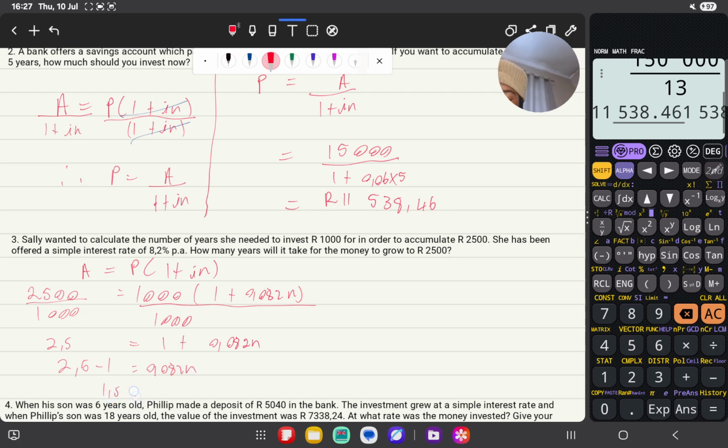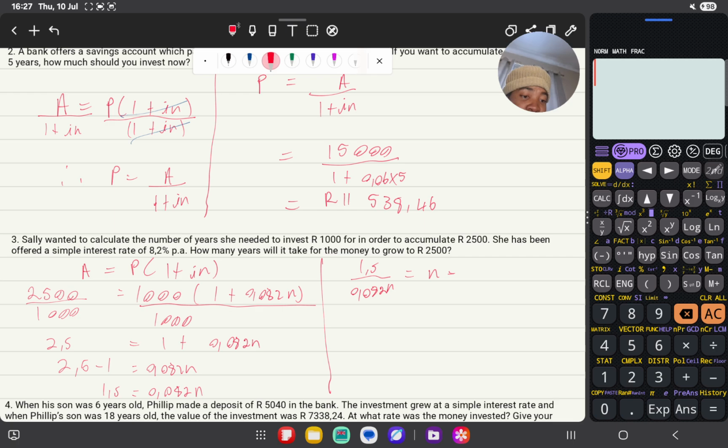You have 1.5 equals 0.082n, and then 1.5 divided by 0.082. That gives you n, which gives you how much?